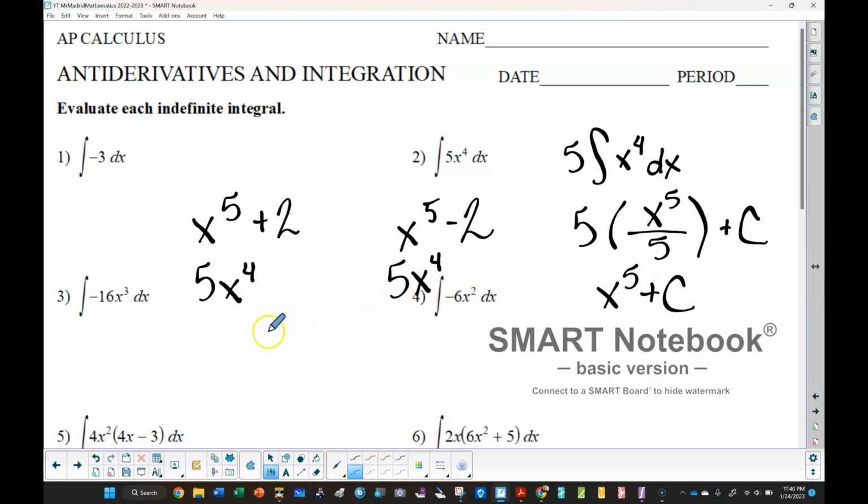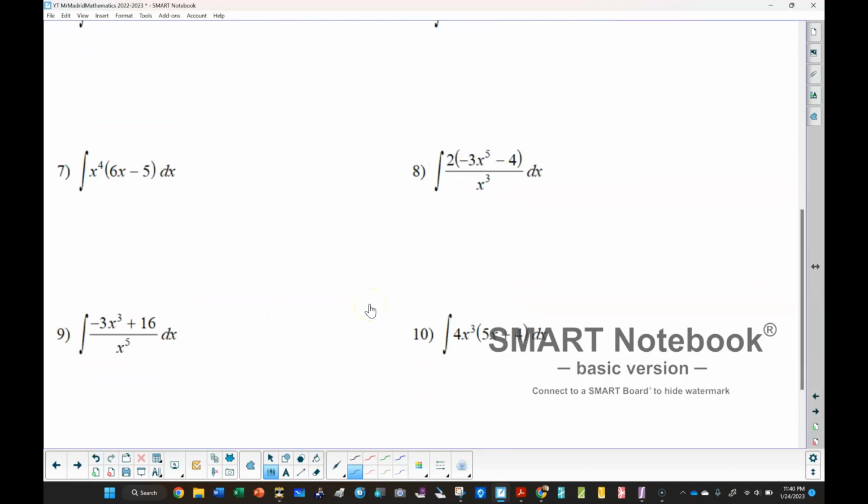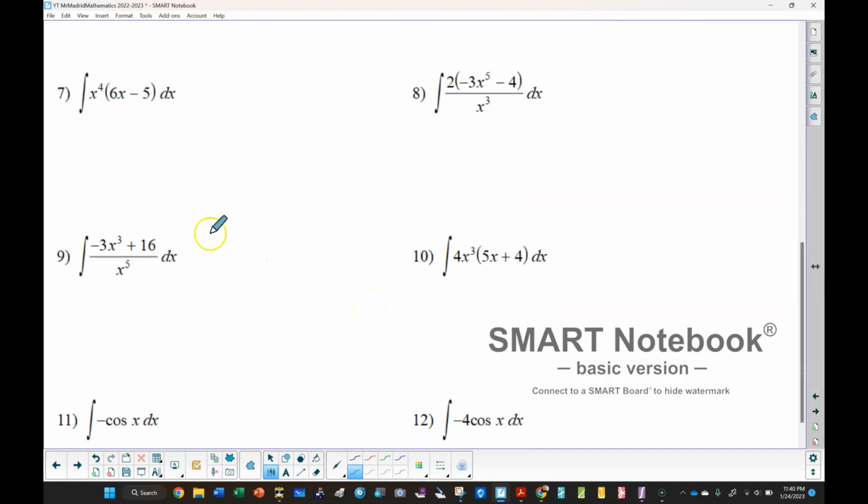Okay, so the first six are very straightforward. The next 4 are a bit more challenging. One tip I'm going to give you guys, that the textbook also gives you, is for situations where you have a quotient: do not proceed by taking the integral of the top separate from the integral of the bottom, the denominator.